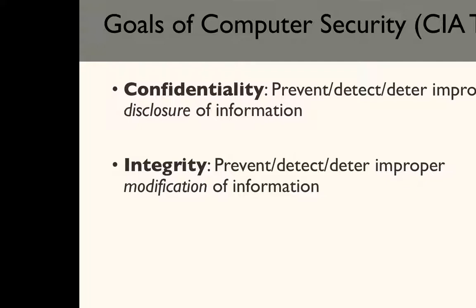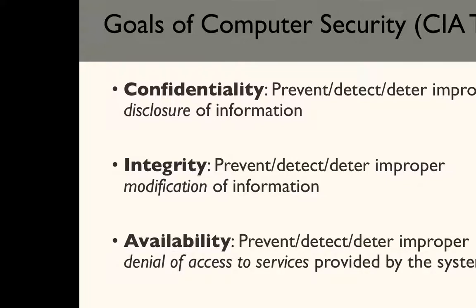The second is called integrity: prevent, detect, deter improper modification of information. We're not talking about the integrity of a person, not someone's character. We're talking about the integrity of data and information, and that data can also be code. The third one is called availability: prevent, detect, deter improper denial of access to services provided by some system.